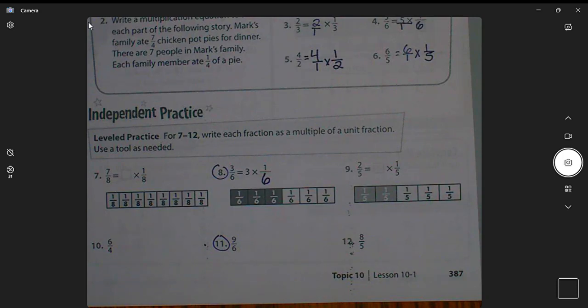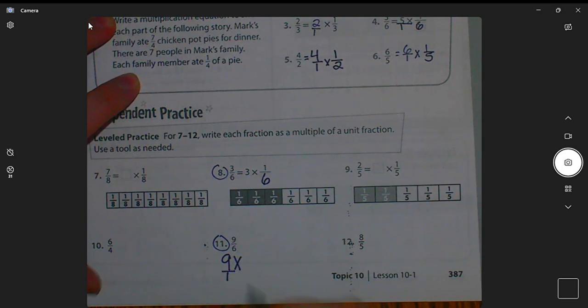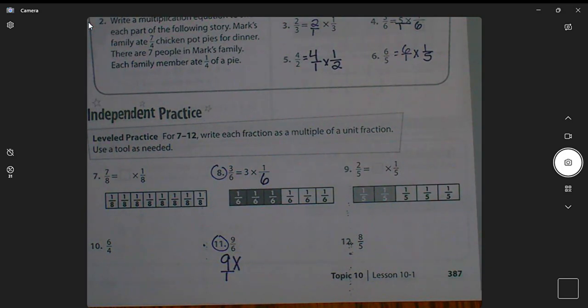You're right, it's 9. And I'm going to put 9 over 1. 9 times what? You're right, it's 1/6. You're so smart.